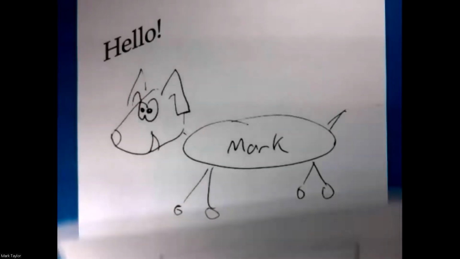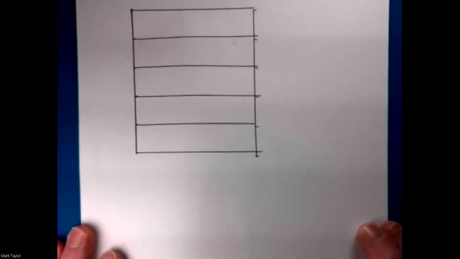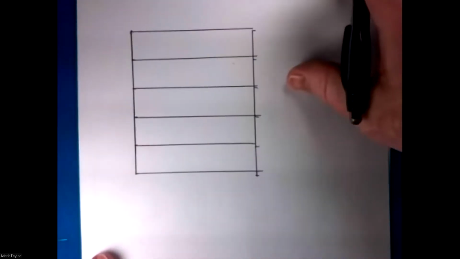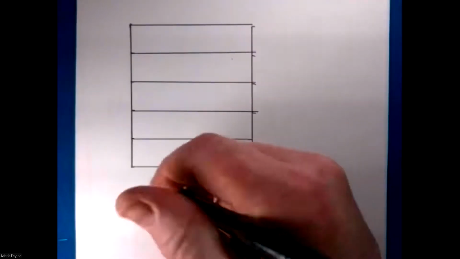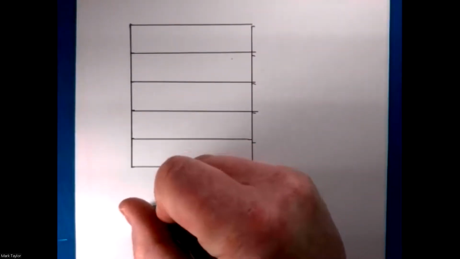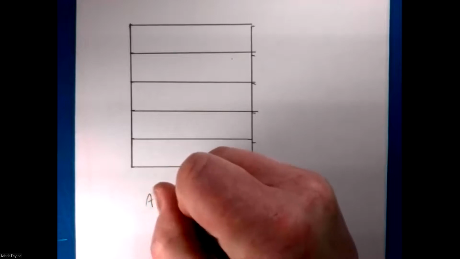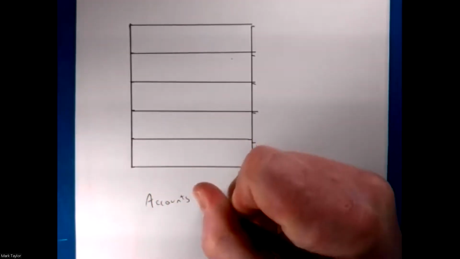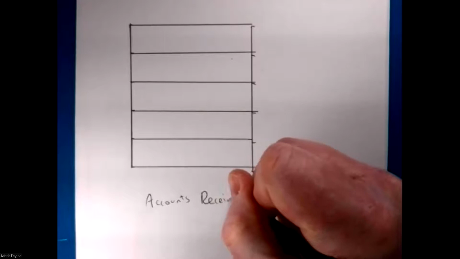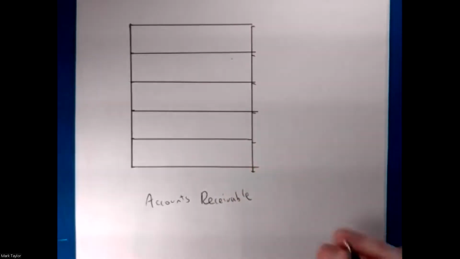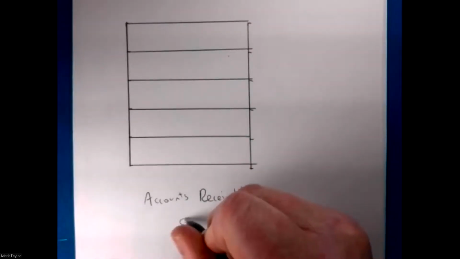Let me change cameras here. Yeah, basically what we're going to do is this. So we have accounts receivable, we have $5,000.